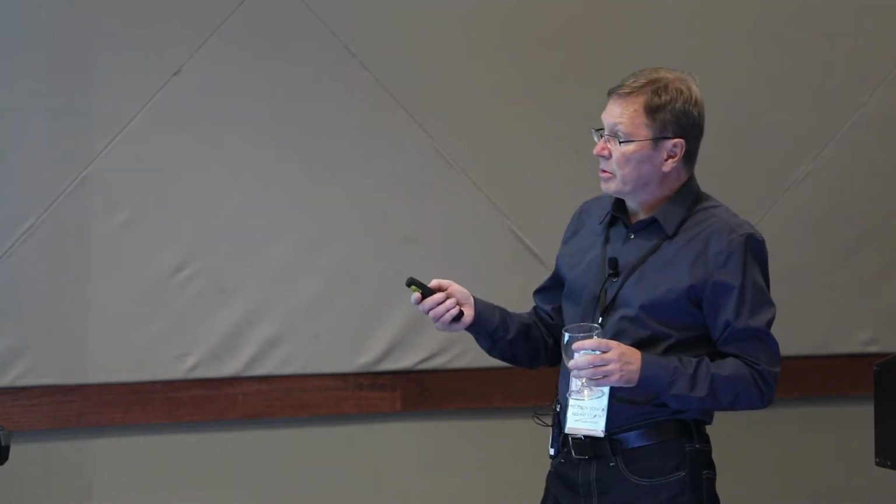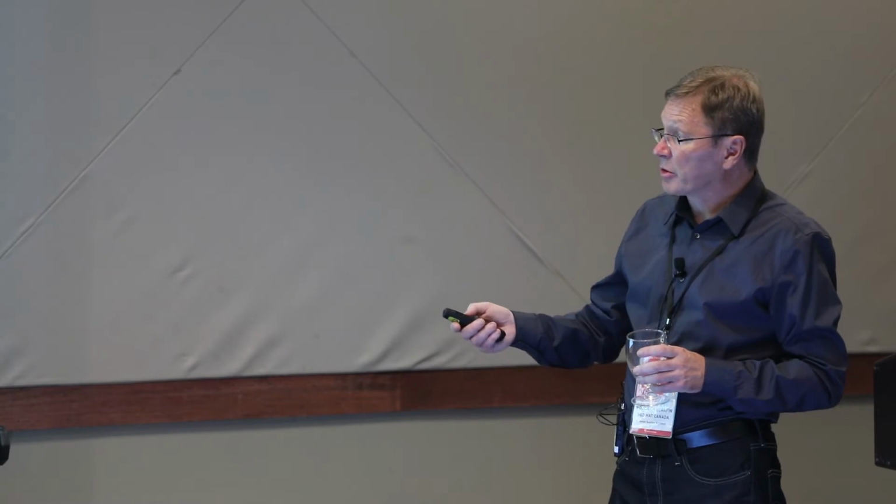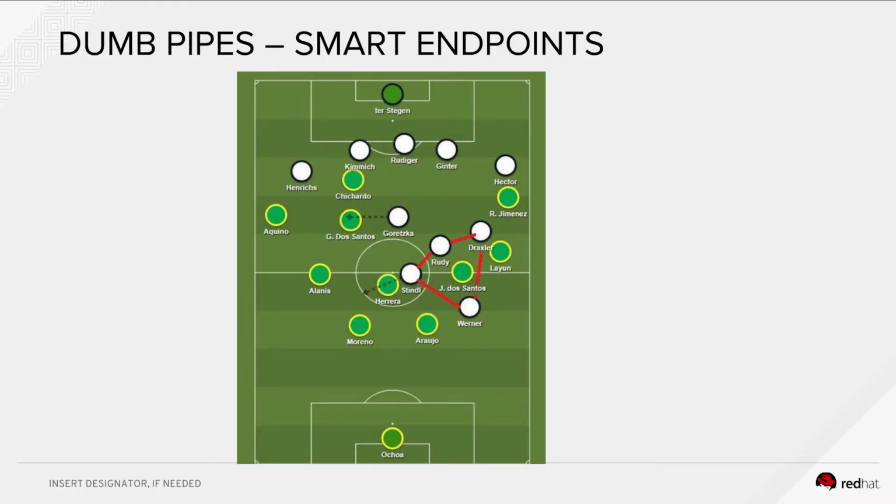Since you run this distributed thing, we still want to have one console that shows all the integrations in one place. That's where we recently added Fuse 7, to capture all these integrations running on OpenShift and provide visibility into them. The same goes for tracing of those paths.